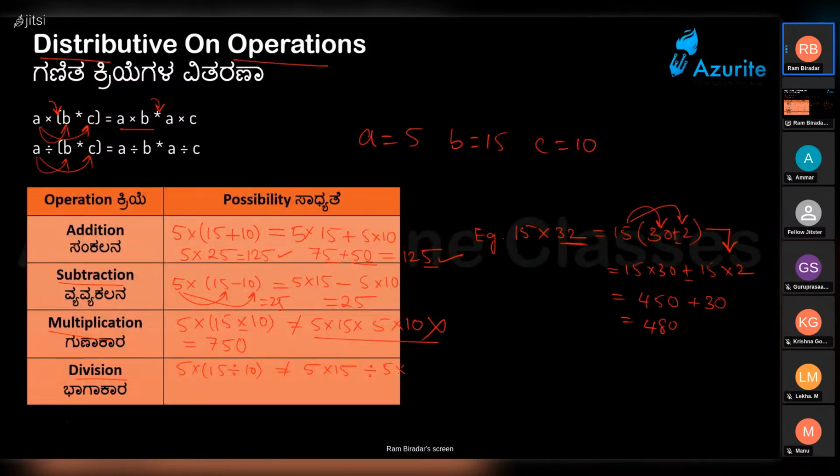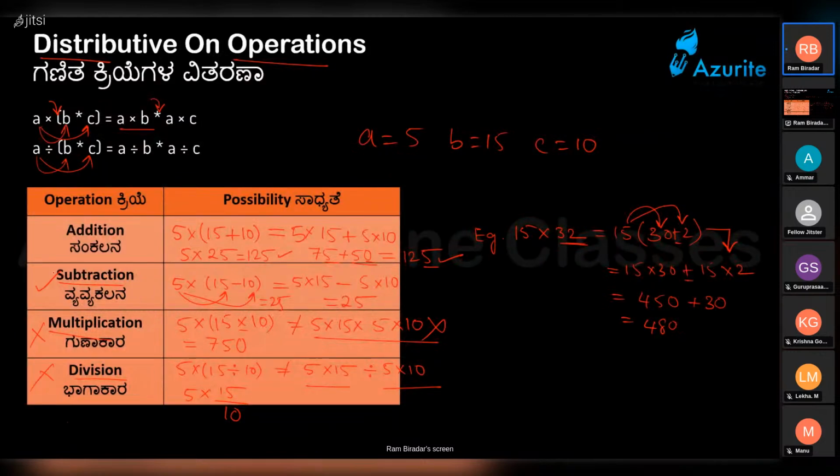So it will not be the same, because if you write it in the fraction form, it will be 5 into 15 divided by 10. If you distribute it, it will be wrong, right? We cannot distribute inside the bracket in multiplication and in division. So we can use it in solving addition and subtraction.